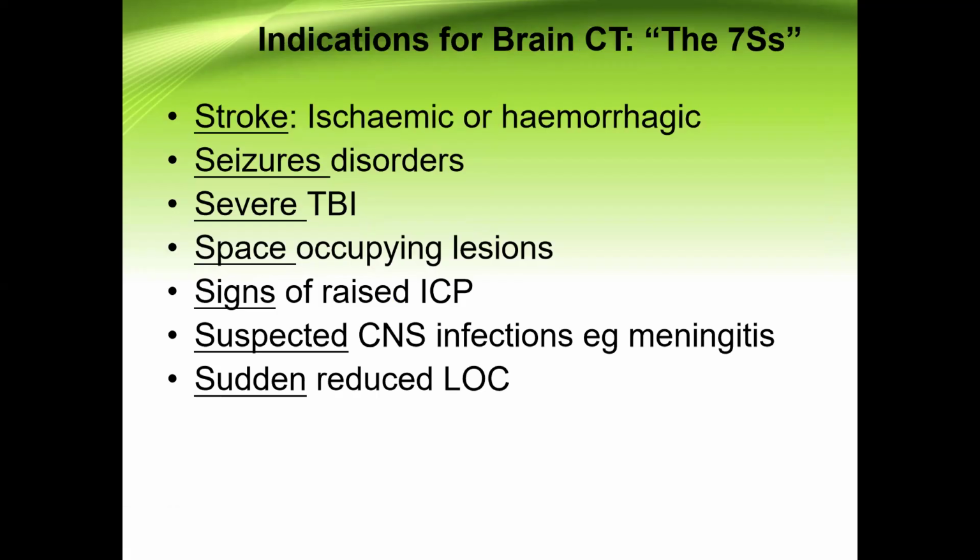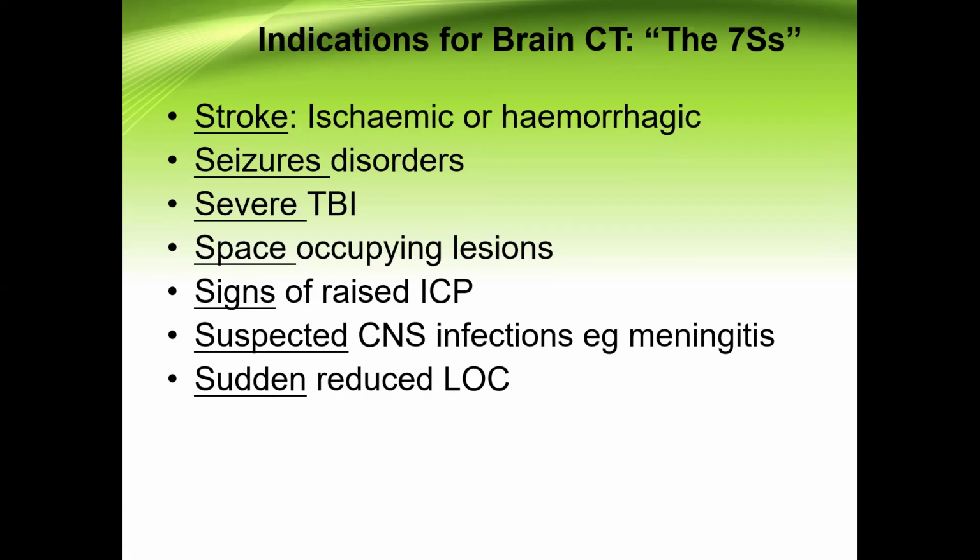So indications for brain CT, 7 C's. In case of stroke, whether ischemic or hemorrhagic, it is important for you to rule out hemorrhagic stroke if you are going to thrombolyse your patient.